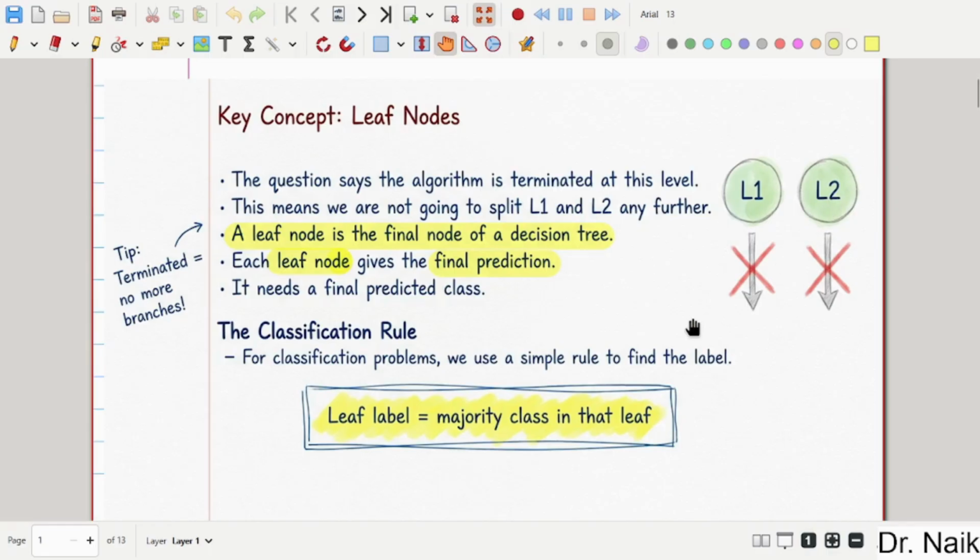And the classification rule is: leaf label is equal to the majority class in that leaf. That means we will label the leaf node with the majority class in that leaf.